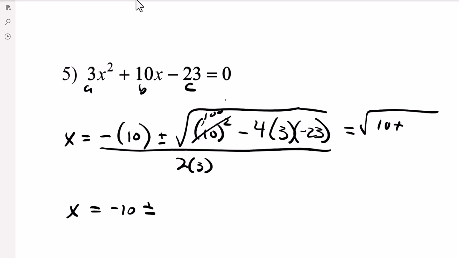4 times 3 times 23. Plus 10. Oh, sorry, plus 100. So that's 376. Pretty sure that is not a perfect square.